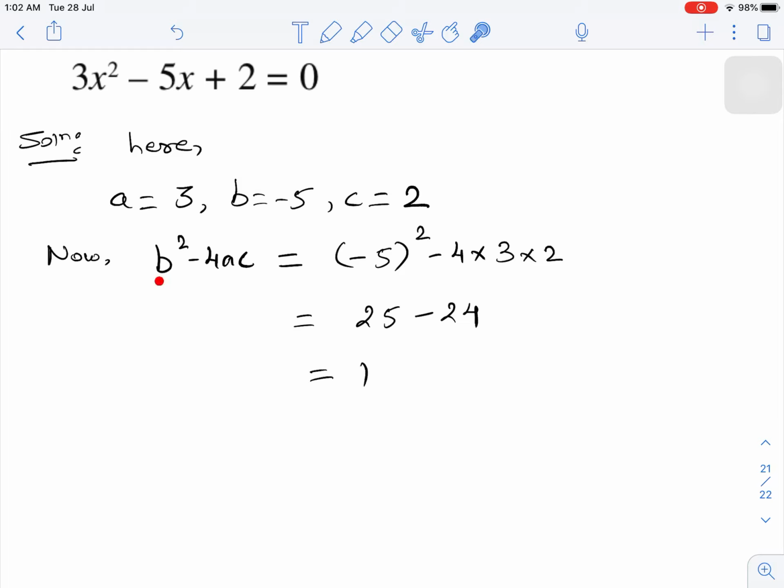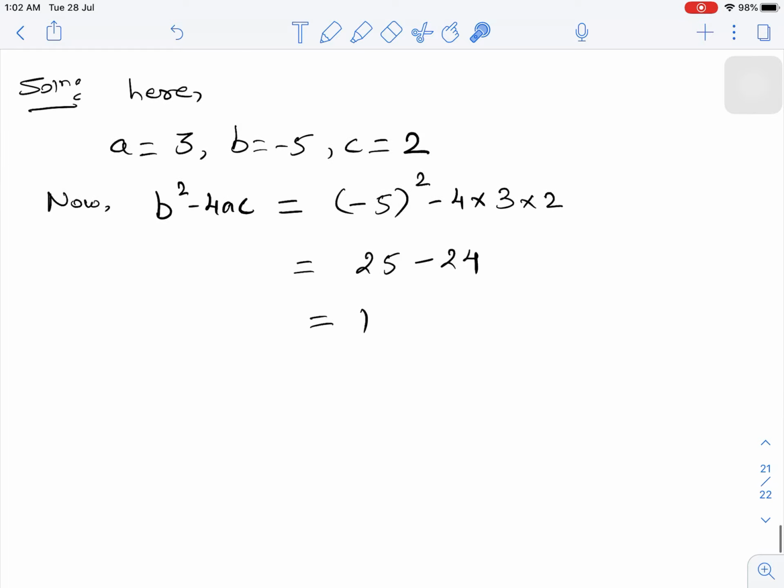Now since the value of b square minus 4ac is greater than 0, the roots are possible. Let us write it here. Since b square minus 4ac is greater than 0, when the value is greater than 0, what we have learned is that there are two distinct real roots.